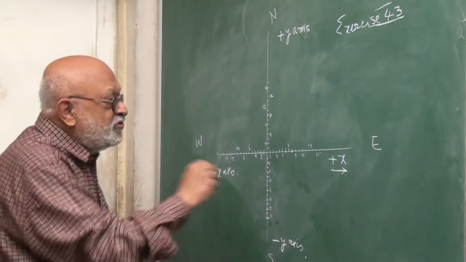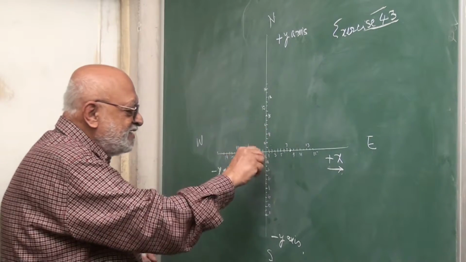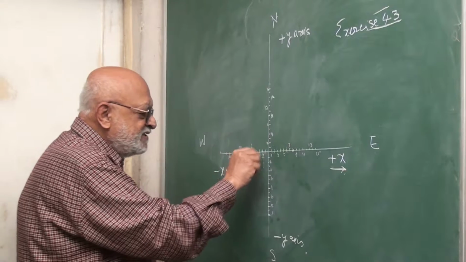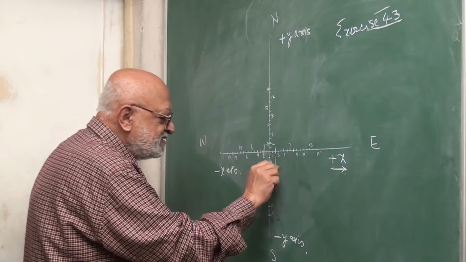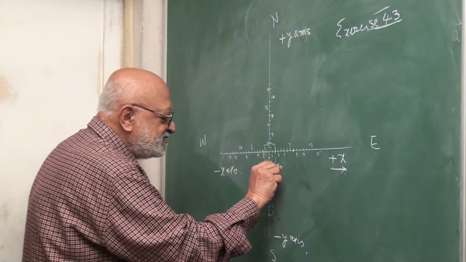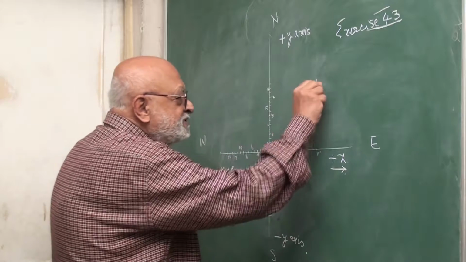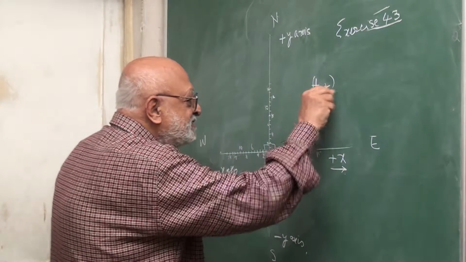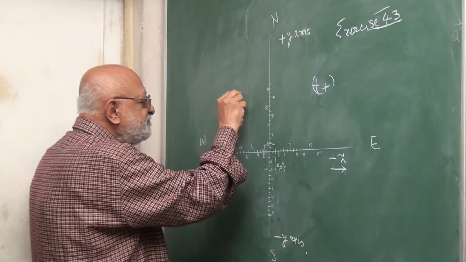And you will also know that there are 4 quadrants, okay? Each is at 90 degrees. These are all 90 degrees, perpendicular to each other. This one is both positive, plus and plus. This is plus and negative.